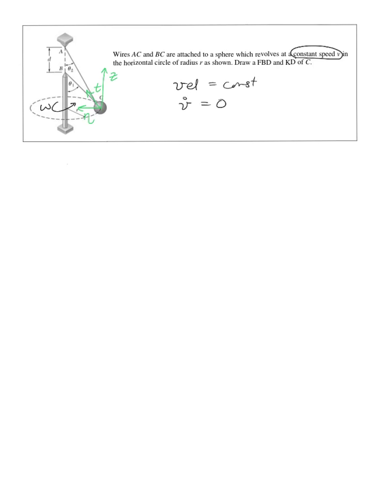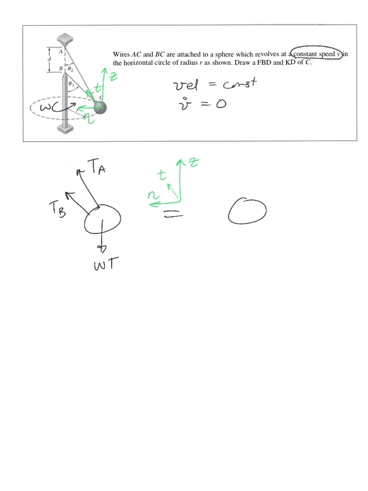And so if we draw the FBD KD, I'm going to use those same coordinates right here. I'm going to call that the normal. I've got the z direction, and this tangential is sort of going off in that direction. And so the forces that I have, never forget the weight. I've got two tensions. I've got a tension that I'll call A. I've got a tension that's going up to point B. And I've got two different angles on there.